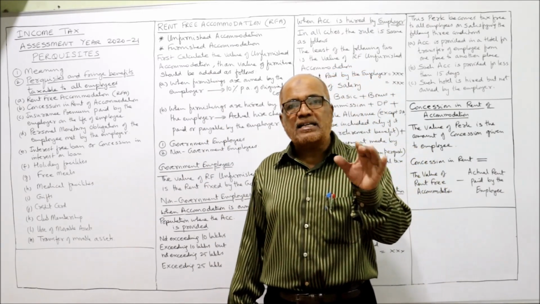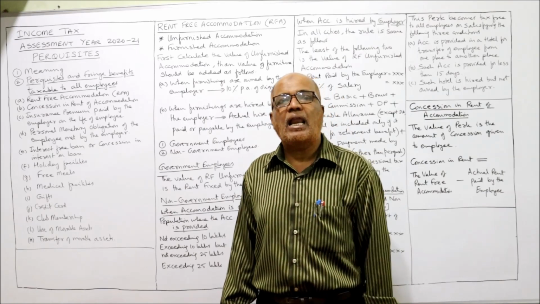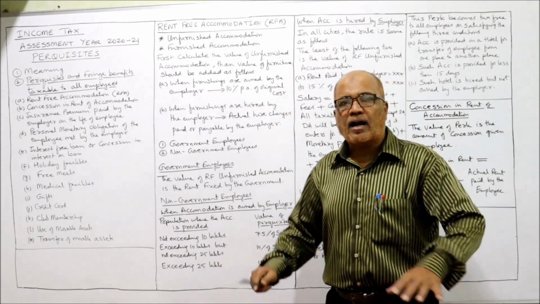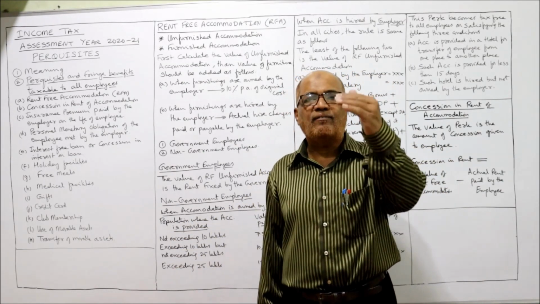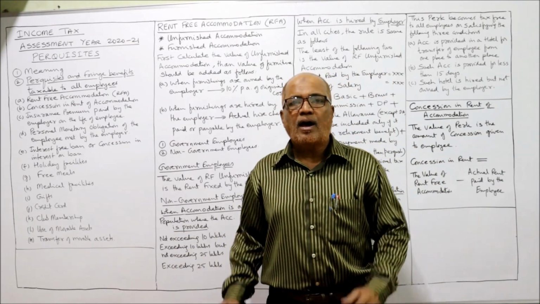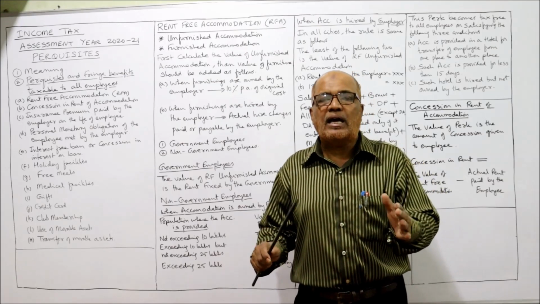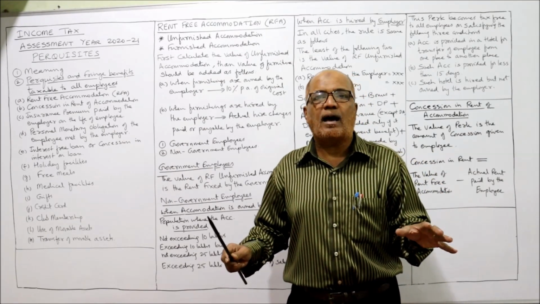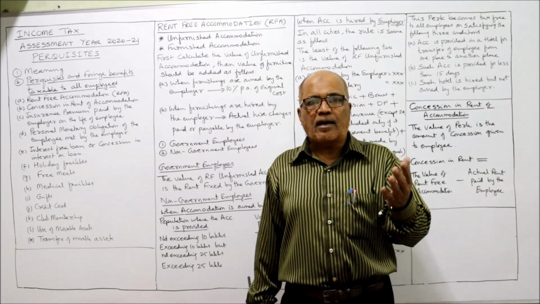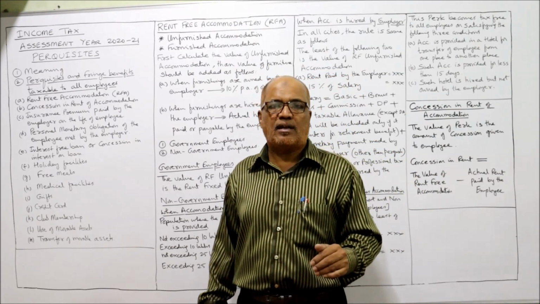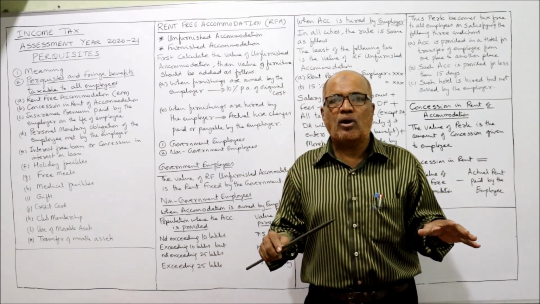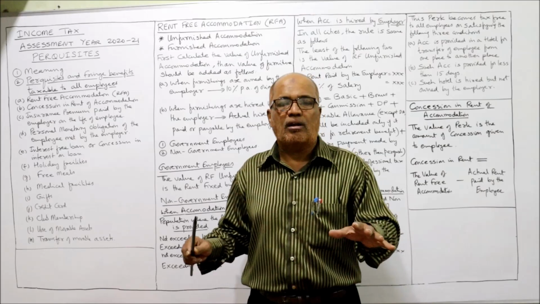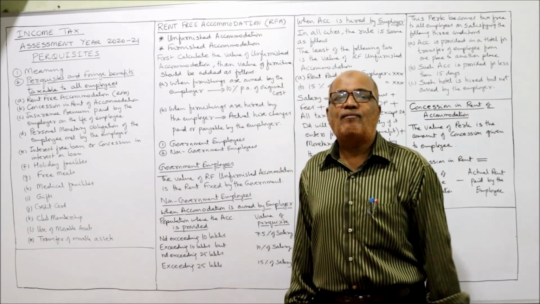The Income Tax Act has given the provision on how to calculate the value of rent-free accommodation. Here accommodation is divided into two categories, unfurnished and furnished. Unfurnished means without any furniture. Furniture includes all basic amenities of a home, like refrigerator, television, dining table, cots, fans, air conditioner; all these things come under furniture.